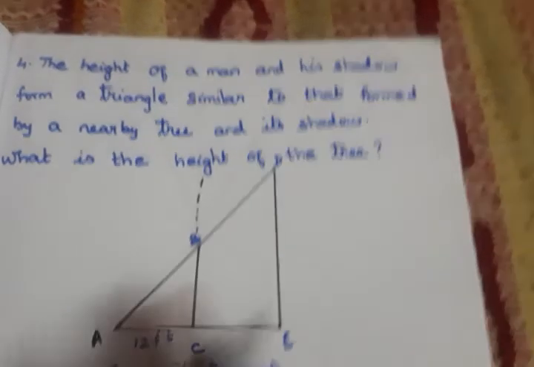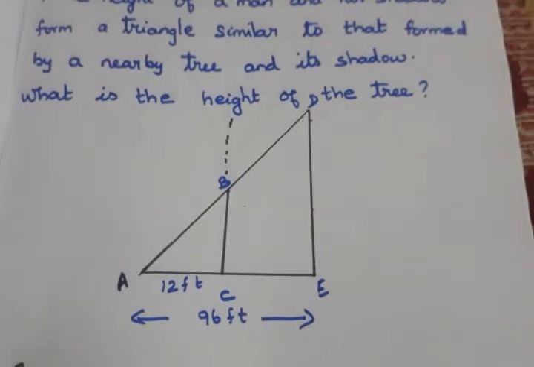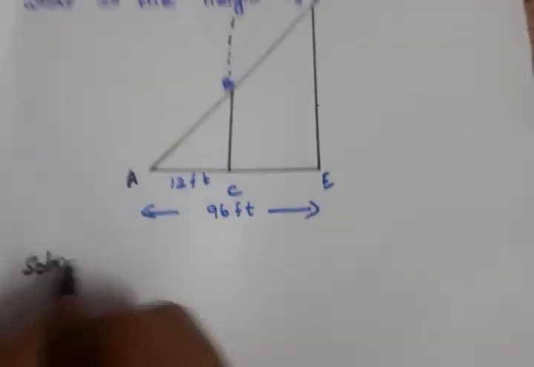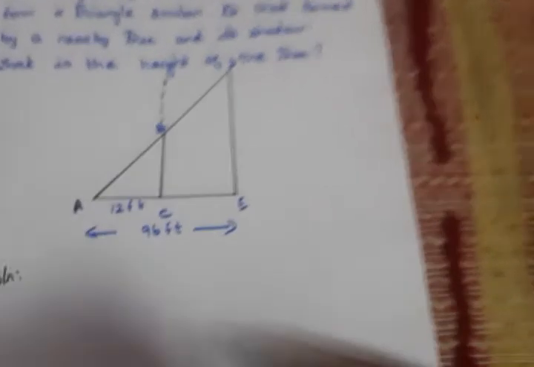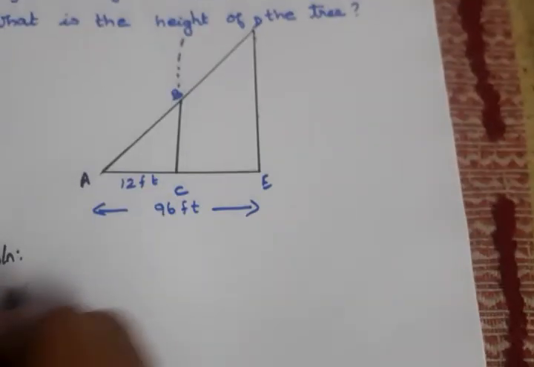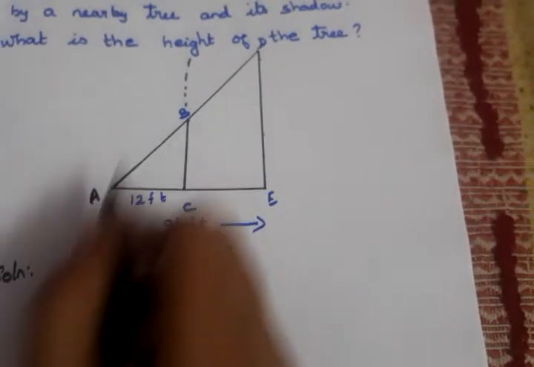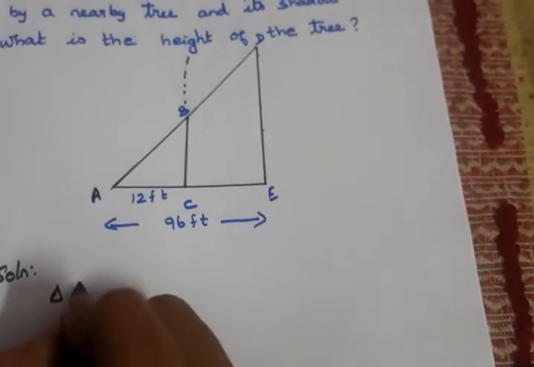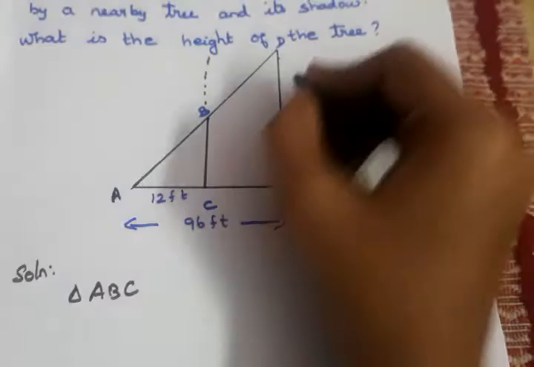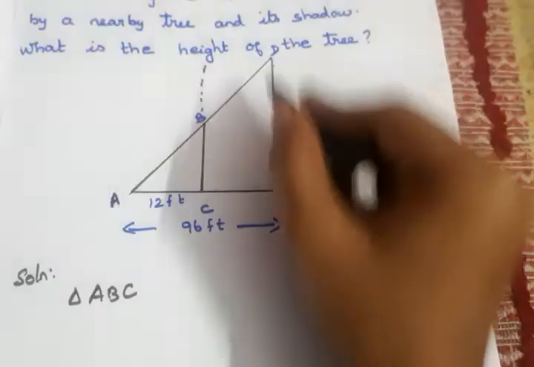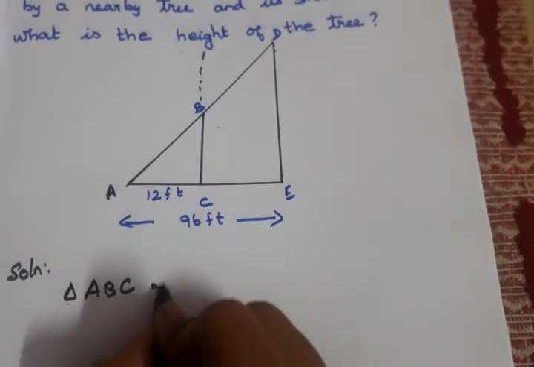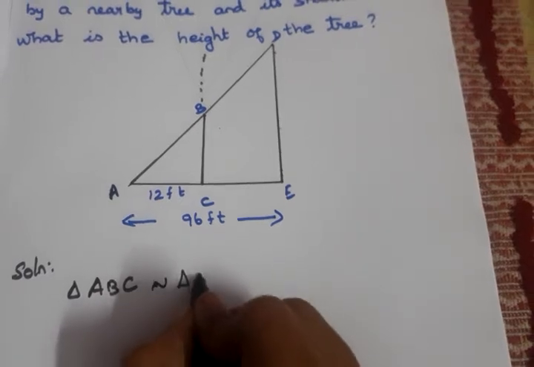Okay. So first, solution. Triangle ABC is similar to ADE. Okay.